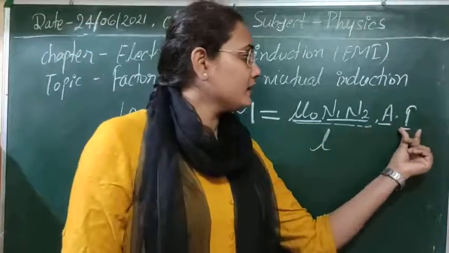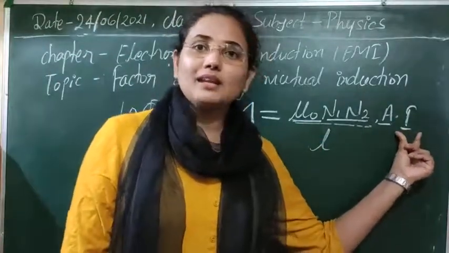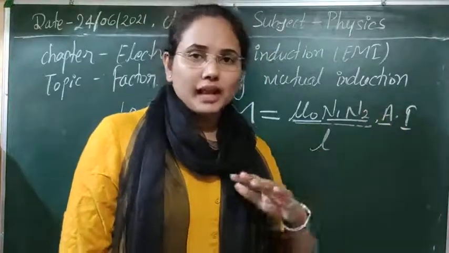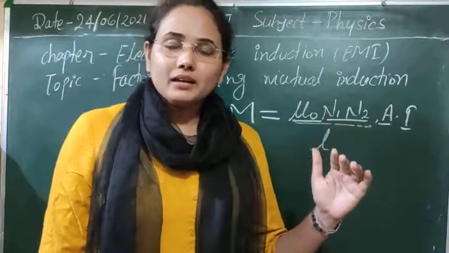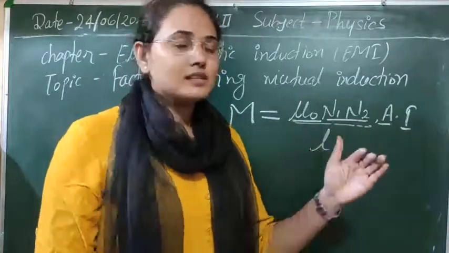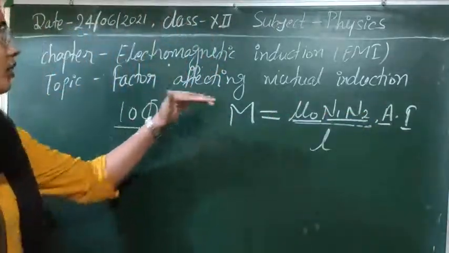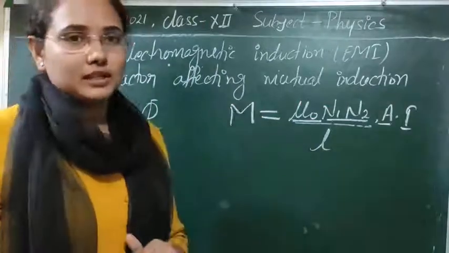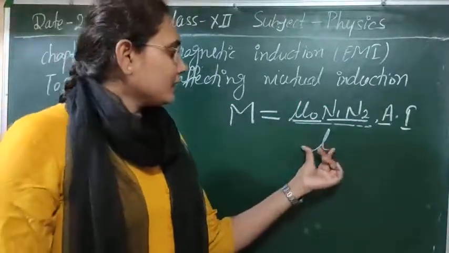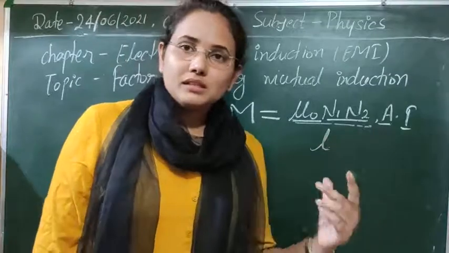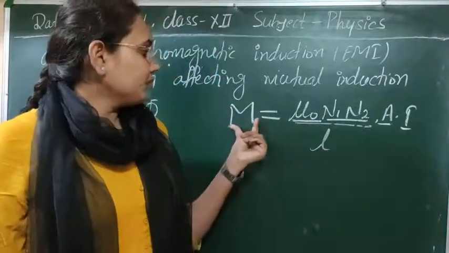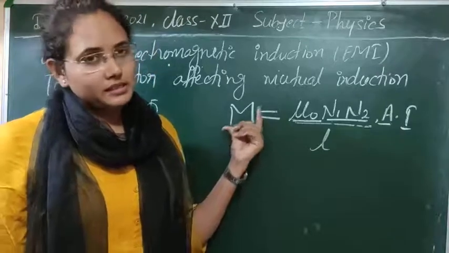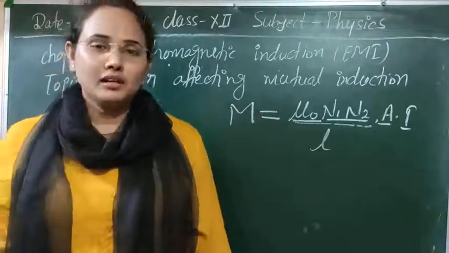The next factor is the current flowing in either coil. The greater the current, the greater the change in flux, and accordingly the greater the mutual inductance. The next factor is the length. If you keep the length of the coil smaller, the value of mutual induction will be greater.